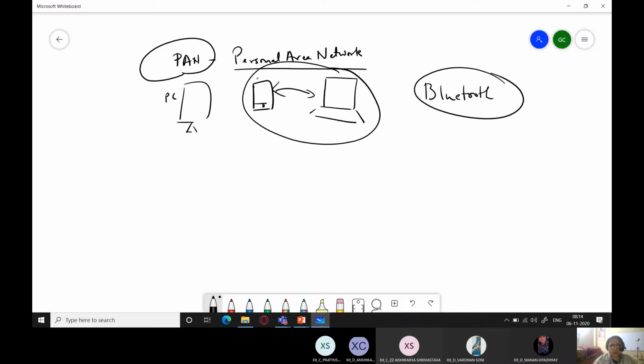It forms a very small network within a limited area, and hence it is known as a personal area network, because we are not actually getting connected to a larger network.